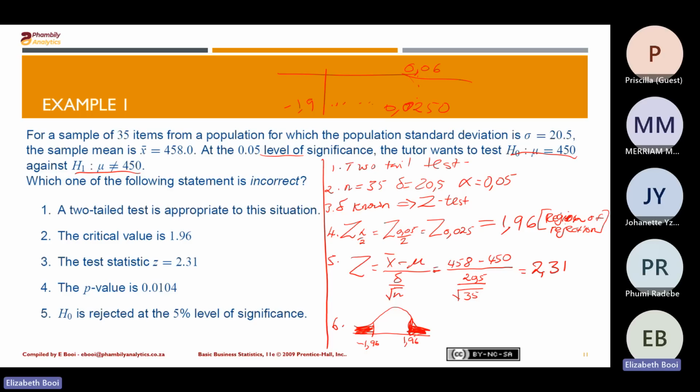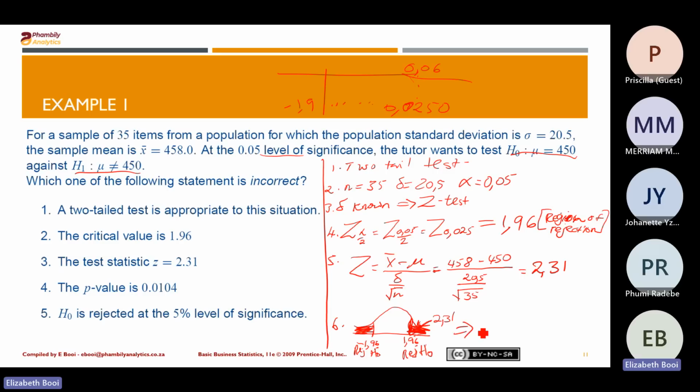Then I can make a decision. Where is my 2,31? 2,31 falls in the reject null hypothesis region. Remember, if it falls there, we reject the null hypothesis.